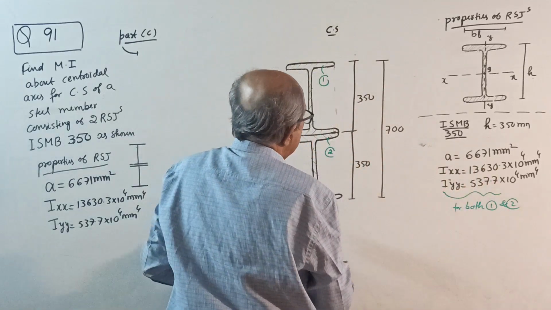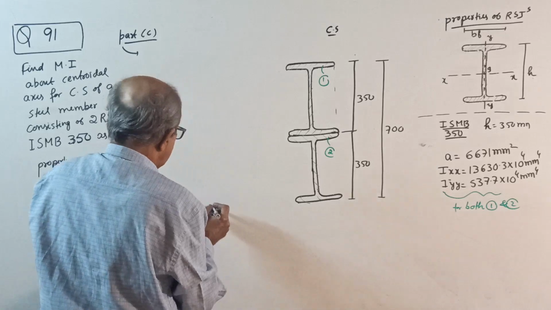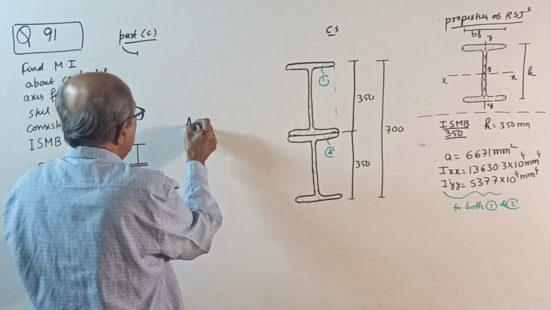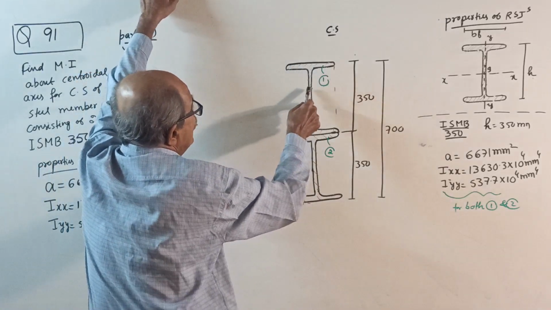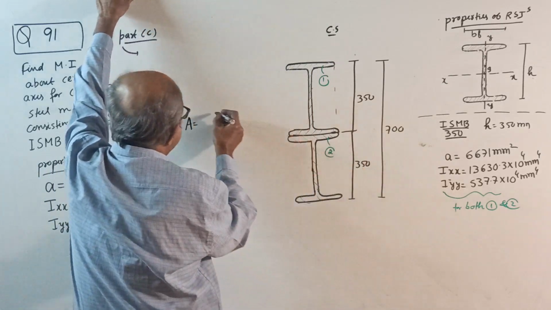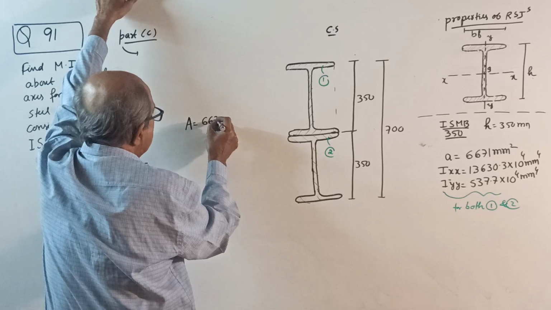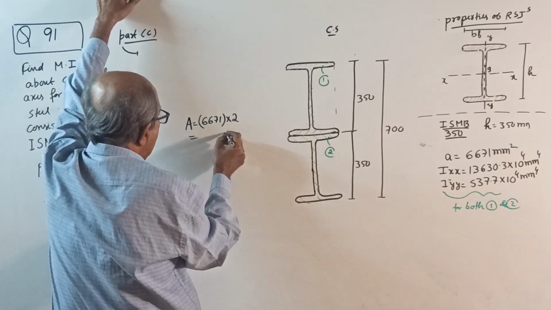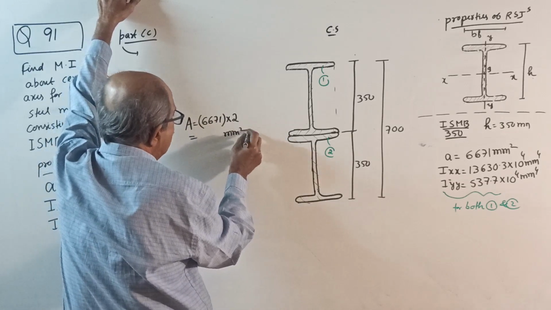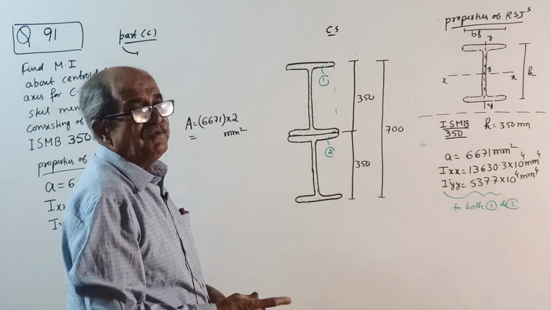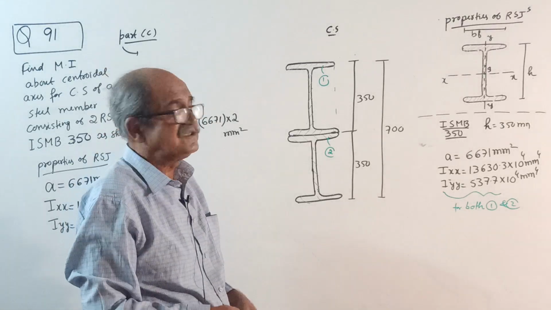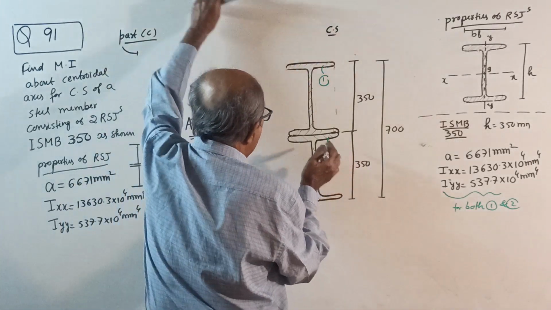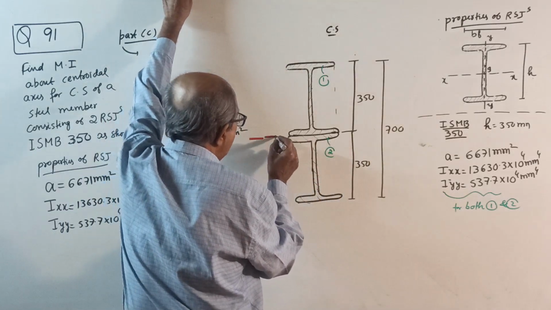Now, first you require the area. Area is very simple. The area of one I section is 6671, and 6671 into 2 will give the area in millimeter square. Then we want the moment of inertia about the centroidal axes XX and YY. It is symmetrical, so this is your XX axis.